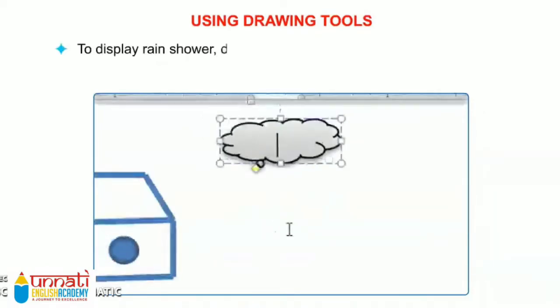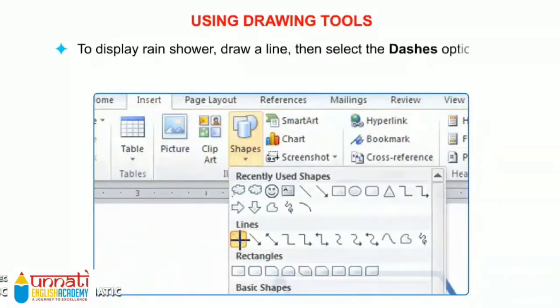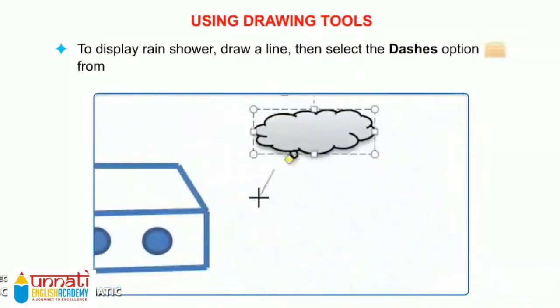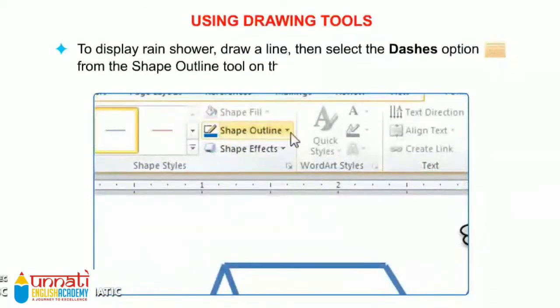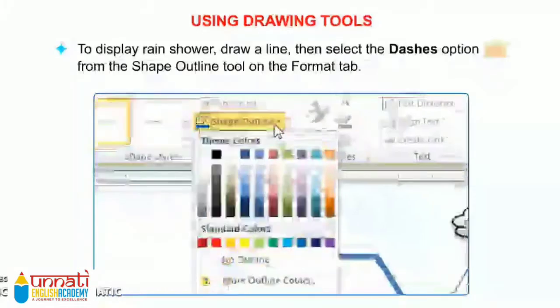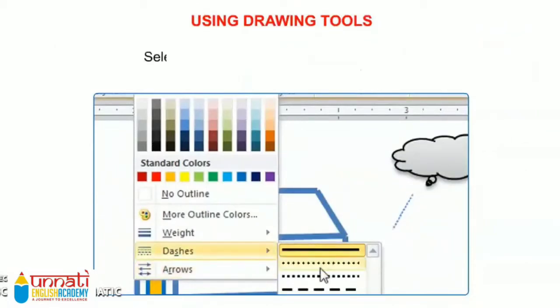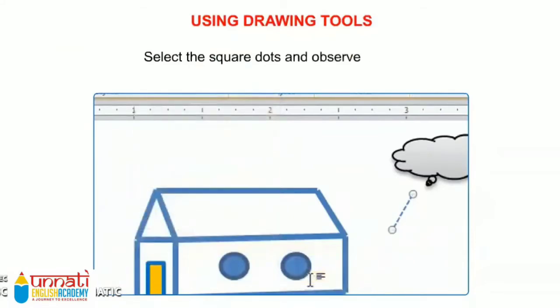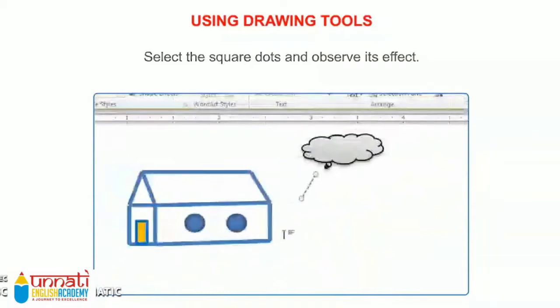To display a rain shower, draw a line, then select the Dashes option from the Shape Outline tool on the Format tab. Choose any dashes of your choice. Select the square dots and observe its effect.